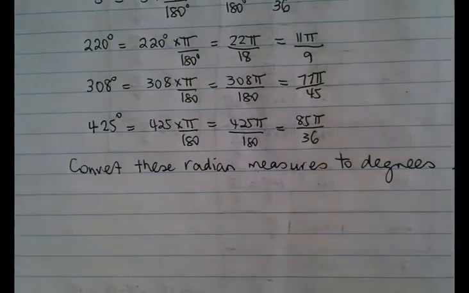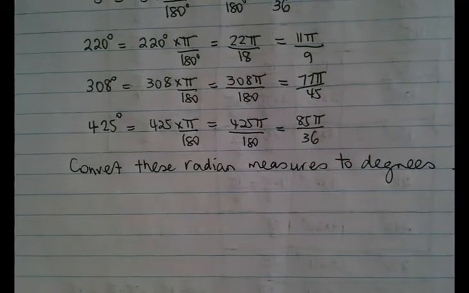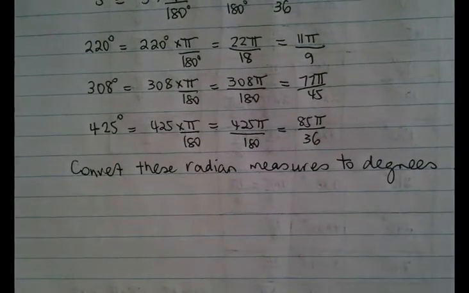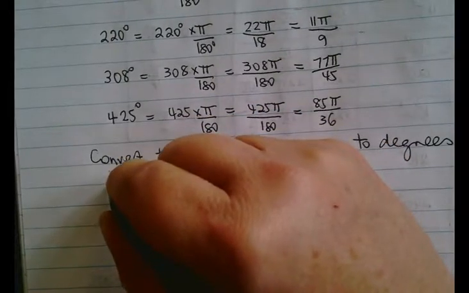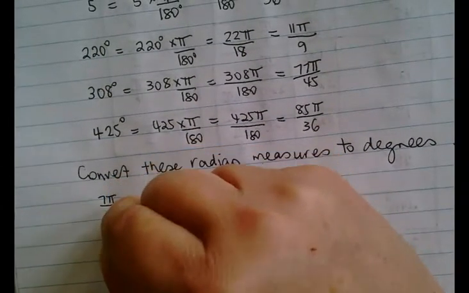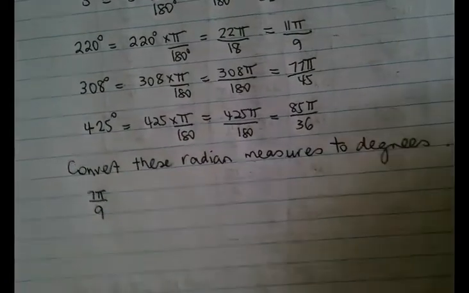So now, we also can convert radian measures to degrees. All the radian measures, I don't have to give you in terms of pi all the time. I can give you just numbers, all right? Because you don't always have a multiple of pi. We'll start off with some pi ones. So let's say I want to convert 7 pi on 9 to degrees.